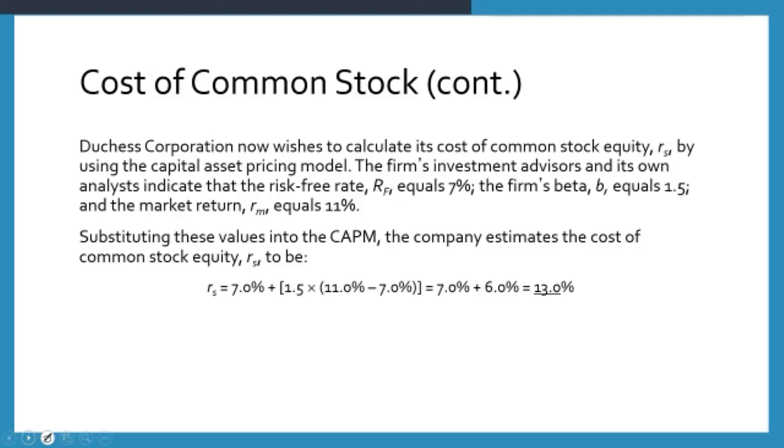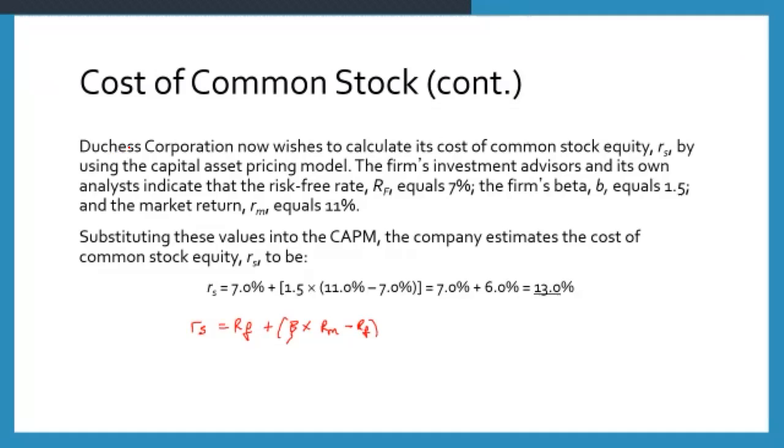Now, Duchess Corporation now wishes to calculate its cost of common stock equity by using the CAPM model, right? The firm investment advisor and its own analysts indicate that the risk-free rate equals 7% and the firm's beta is 1.5 and the market rate is 11%. Substituting these values into CAPM, we have RS is equal to the risk-free rate plus beta times the market rate minus the risk-free rate.